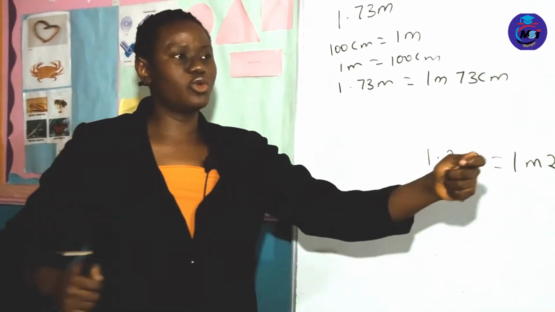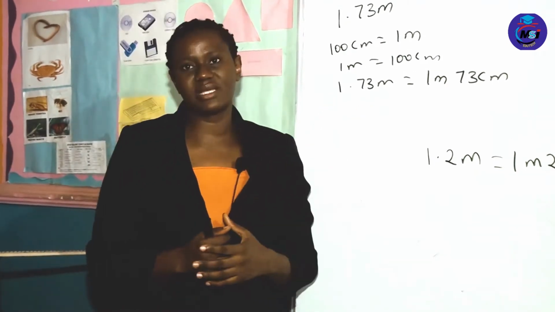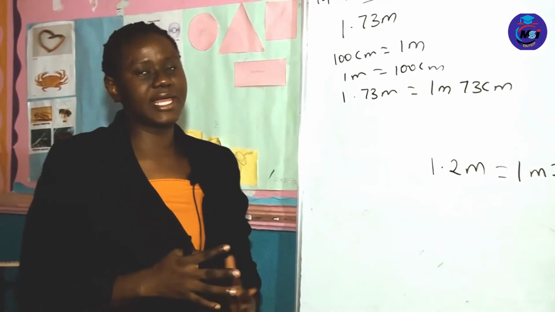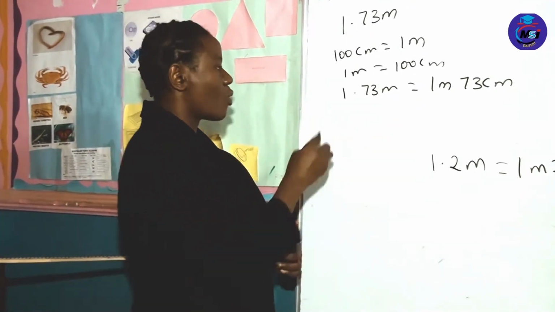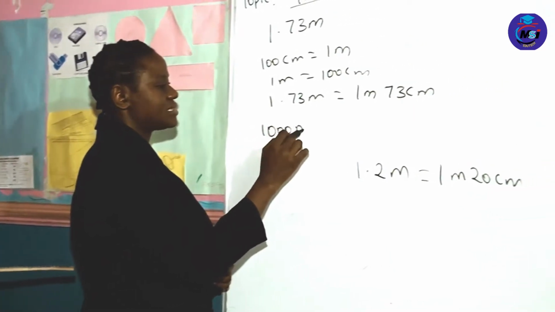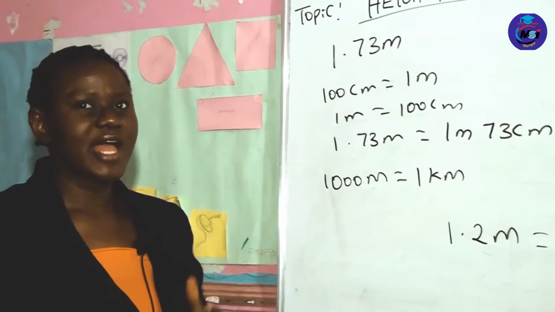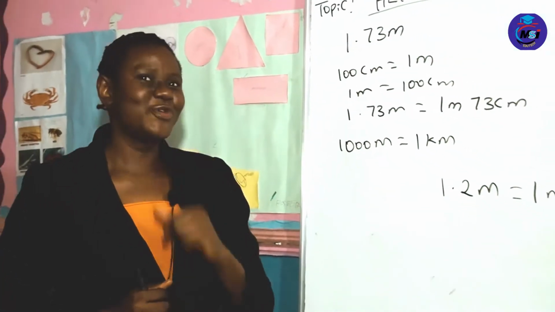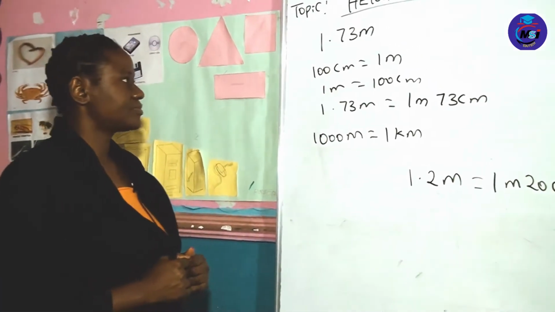When the distance is short, we could measure in meters, but longer distances could be measured in kilometers. Remember that 1,000 meters is 1 kilometer. I need you to get your friend to measure your height, and then you keep that. You know your height.